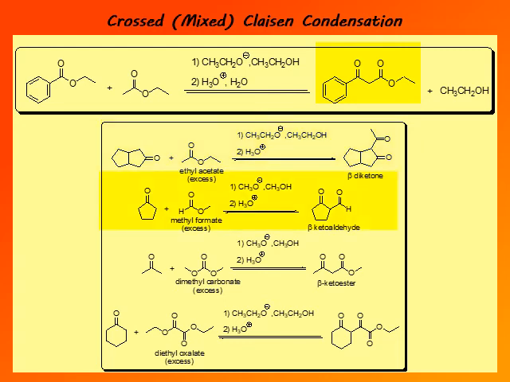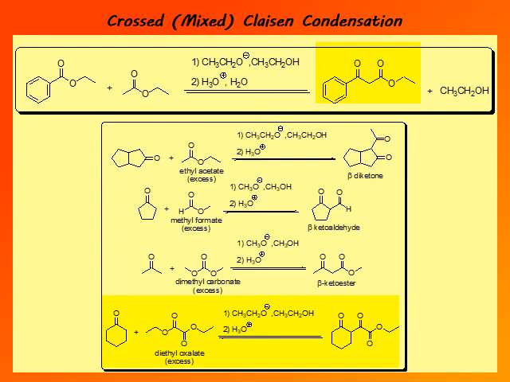If we use the simplest ester, an ester of formic acid, then the substituent on the ester carbonyl is hydrogen instead of an alkyl group, and then the product is beta ketoaldehyde. We can also use carbonate as an ester. Carbonates are esters of carbonic acid, so they have two alkoxy groups on the carbonyl group. And then the product is beta ketoester.